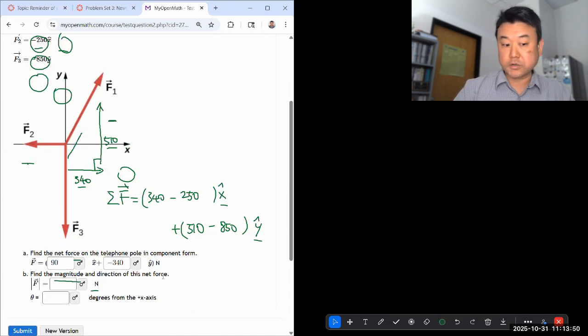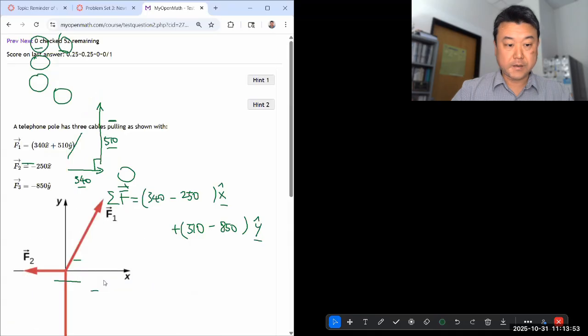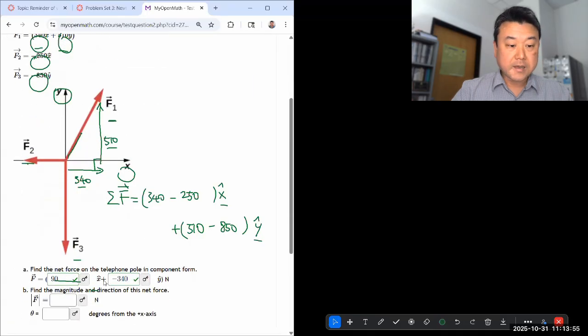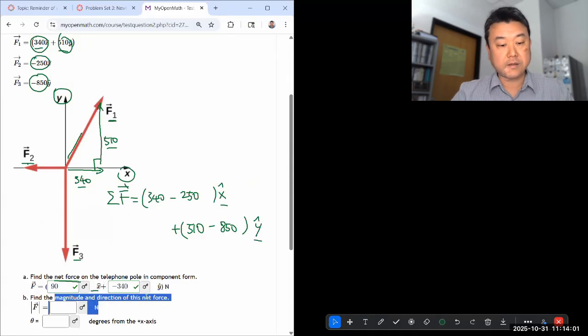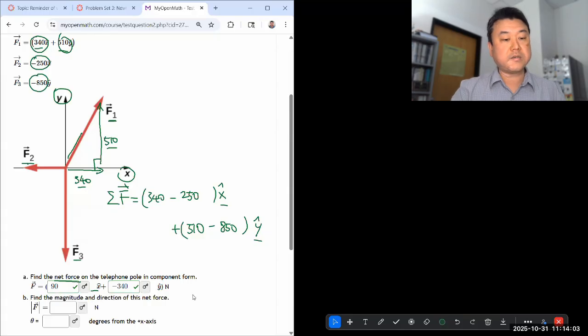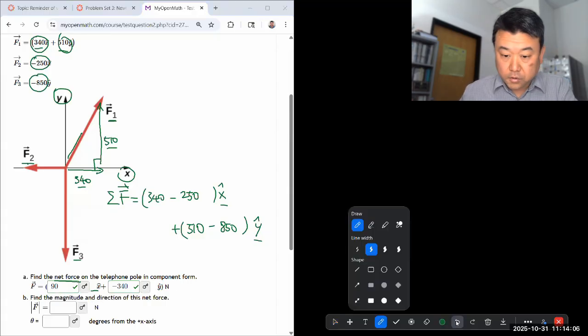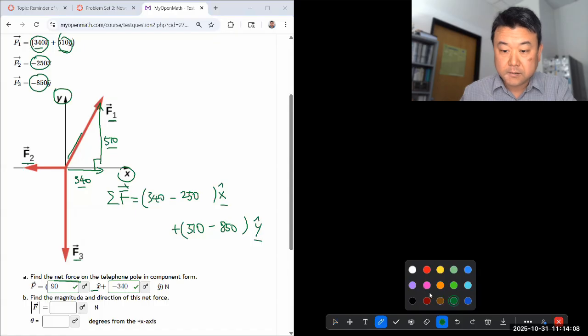Let's just make sure that's correct. And once we know it's correct, then we can use this to answer the remainder of the question, finding the magnitude and direction of this net force. So what you have to imagine is this net force drawn here will look something like this.